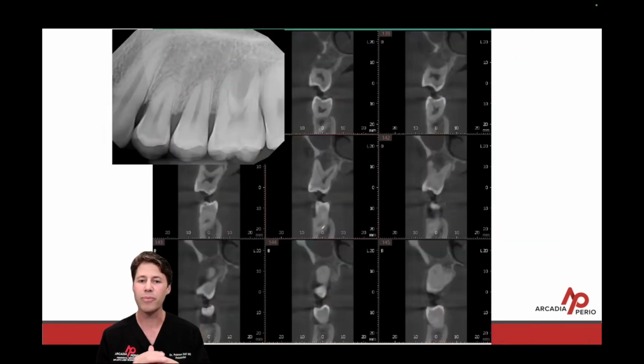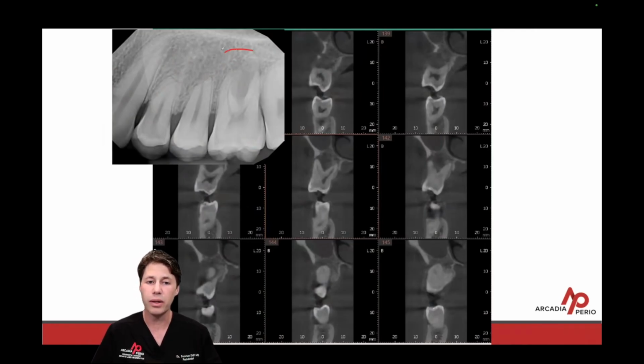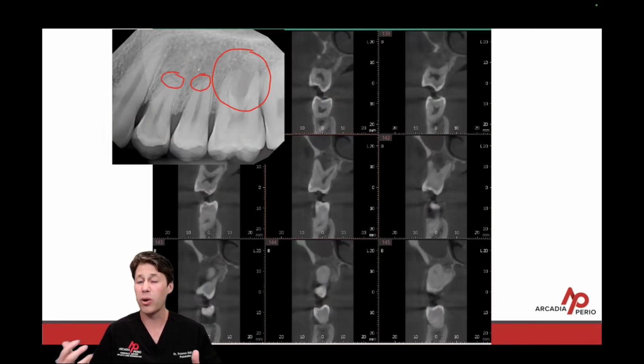So let's look at the two-dimensional radiograph and the three-dimensional radiograph. So I think it's important for me to highlight what I'm seeing here in terms of the furcation bone loss on tooth number 14. It's quite advanced. We have some root resorption over here on 12 and 13 due to probably orthodontic movement. And it also looks like maybe a little bit of root resorption on the distal buccal root.